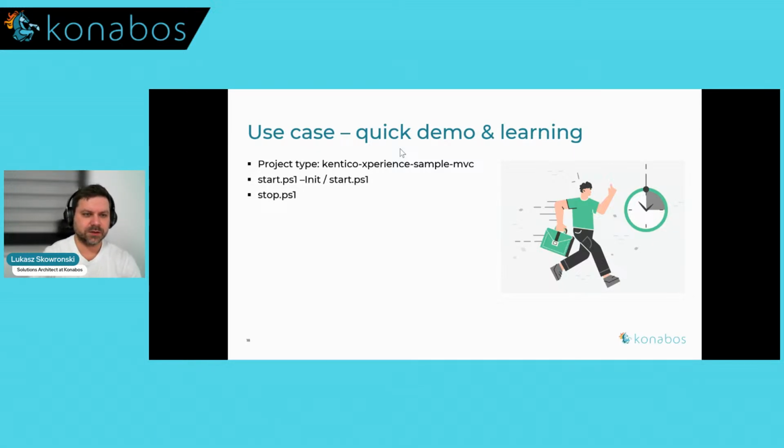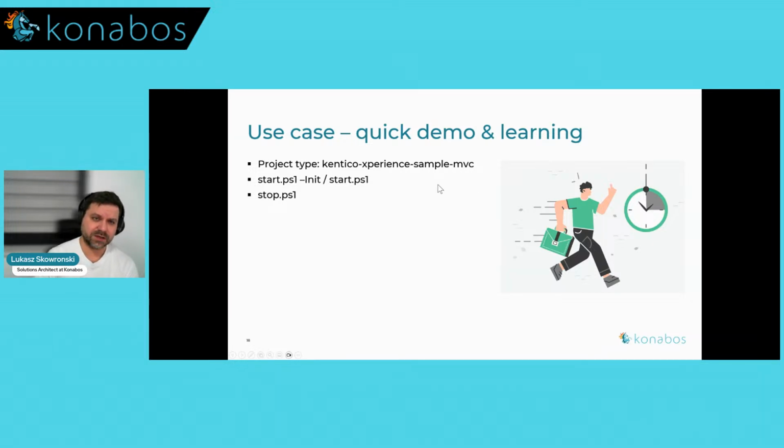So the project type from the environment file has to be set to Kentico Experience sample MVC, which is the default value as we were discussing previously. And then you just need to start. So you don't have to change it really, right? It is already there. So whenever you clone the repository, you can just run start.ps1 init, and it's gonna start your environment in probably less than 5 minutes. And then you can already play with it, right? I will present that during the demo.